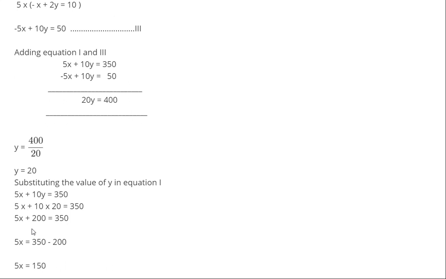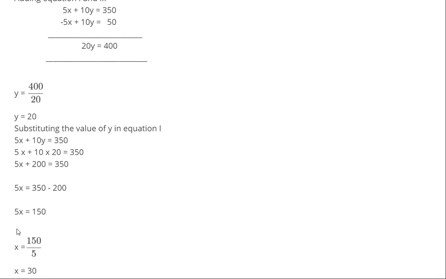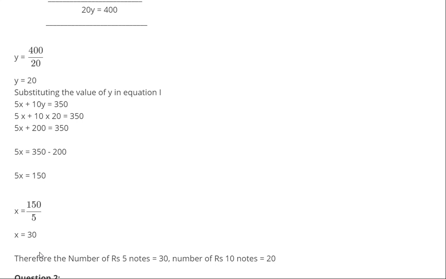Substituting the value of y in any one of the equations, I have chosen equation 1. So 5x plus 10y is equal to 350. In place of y, you multiply by 20 because the value of y is 20. And 5x plus 200 is equal to 350. Plus 200 moves to the other side, becomes minus 200. 350 minus 200 is 150. 5x is equal to 150. x is 150 divided by 5, that's equal to 30.